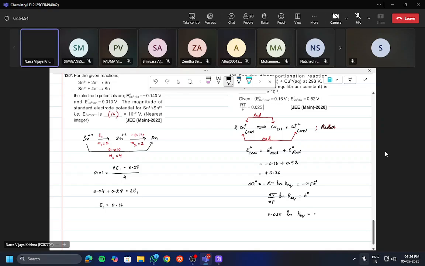ln k equilibrium equals E naught divided by 0.025. What is E naught? 0.36. So can I write 36 divided by 2.5? 2.5 can I write as 10 by 4?